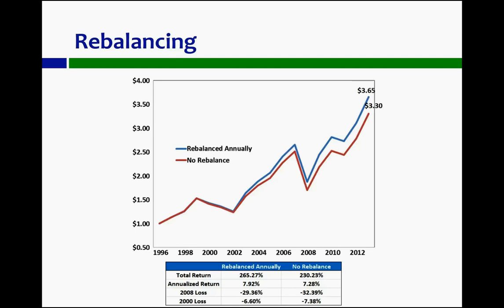So it's an important part of ongoing portfolio management that rebalancing can actually increase your return and lower your risk. You can see this rebalanced portfolio in the 2008 period actually lost less than the portfolio that wasn't rebalanced. So it not only can enhance your returns, it can also reduce risk at the exact same time.